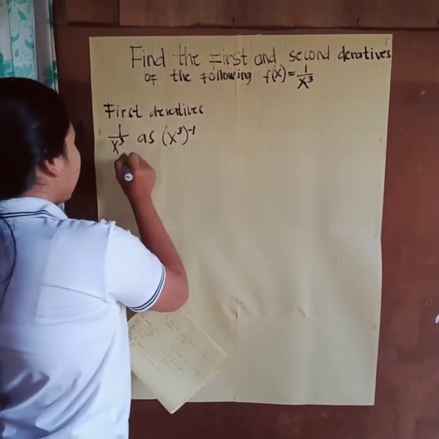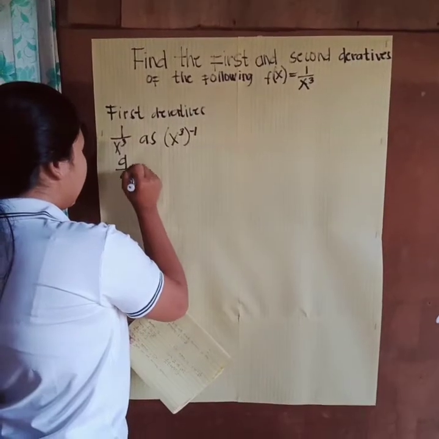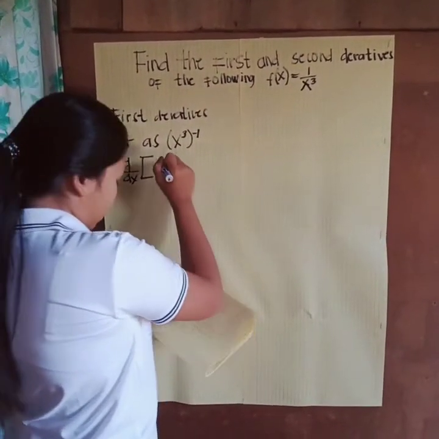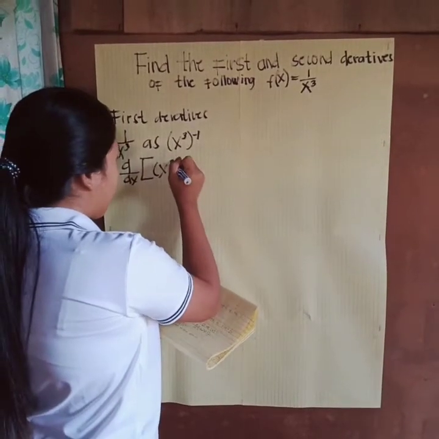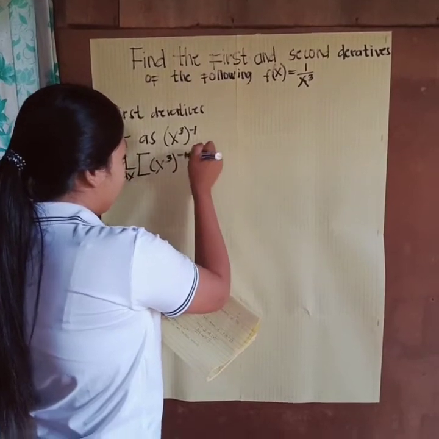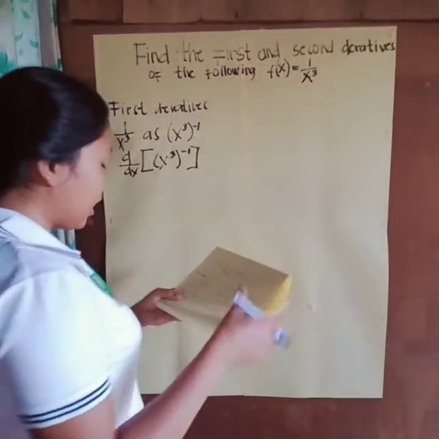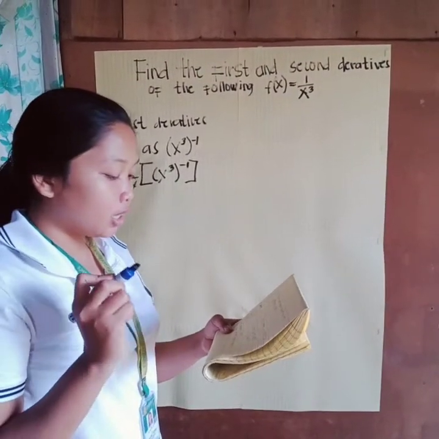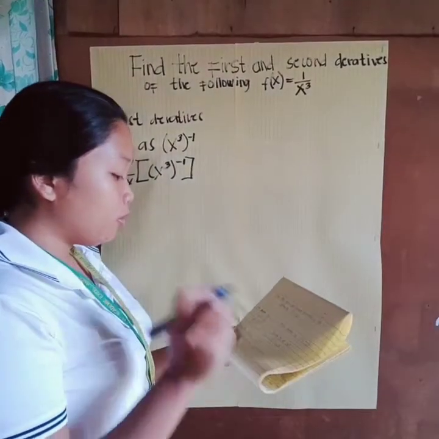Then d over dx of x to the power of 3 to the negative 1. Then multiply the exponent in x cubed into x cubed negative 1.